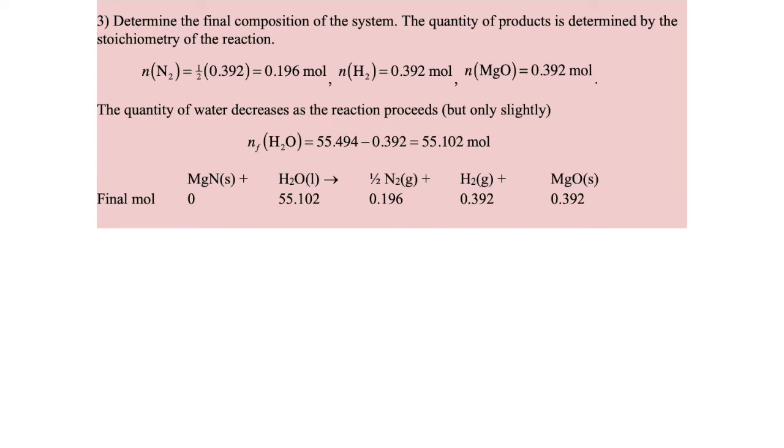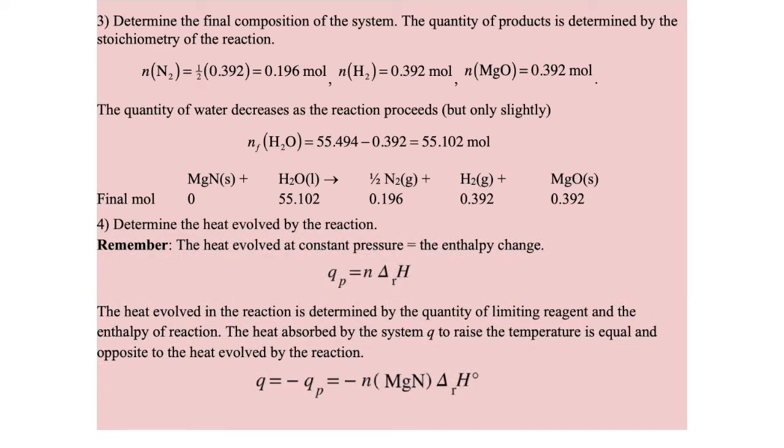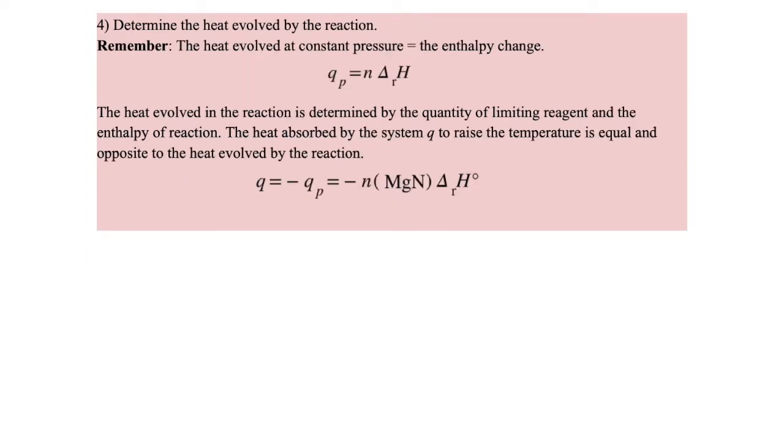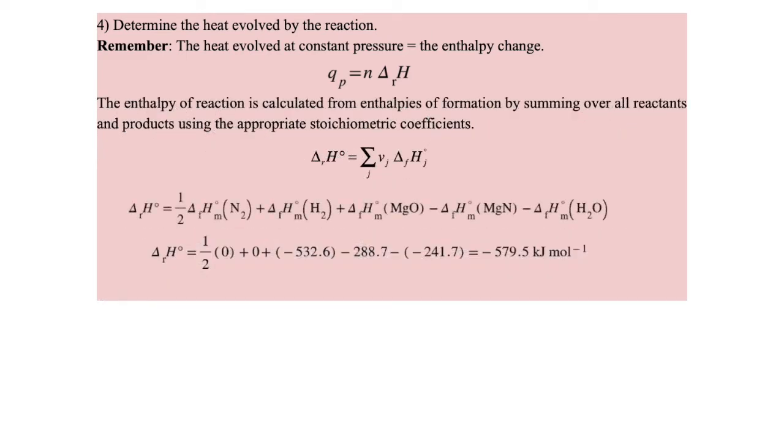Knowing the composition, we can now determine the heat evolved by the reaction, but we'll need delta H for the reaction, right? And the way that we can calculate delta H for the reaction is by way of the delta H of formation.